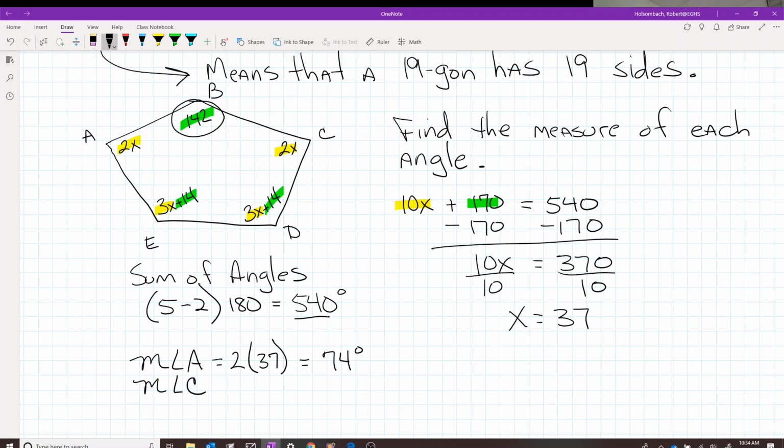So let's do the measure of angle E. That's 3 times 37 plus 14, and I got 125 degrees, and that's also the measure of angle D.